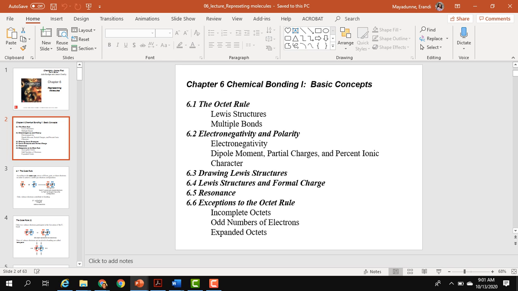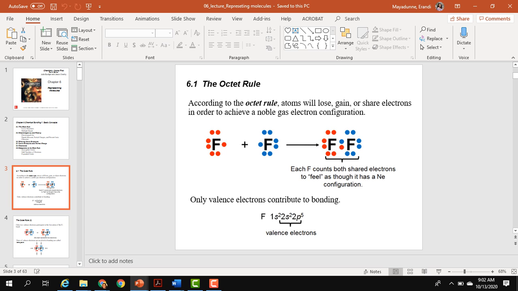Bonding is a very important aspect of chemistry. So what is the octet rule? The octet rule is that all the elements in the periodic table want to bond because they want to have 8 electrons in their valence shell. Think about sodium chloride. Sodium has 1 electron.